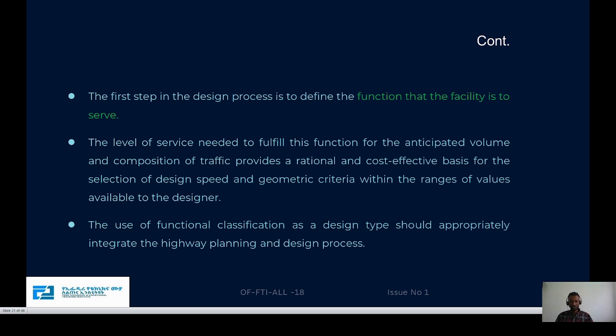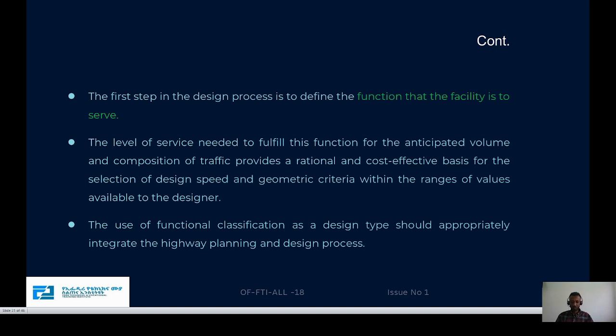The level of service needs to fulfill this function for the anticipated volume and composition of traffic, providing a rational and cost-effective basis for selection of speeds as well as geometric design. With high speeds, the level of service increases, the cost also increases, and the standards for the geometric criteria also increase.